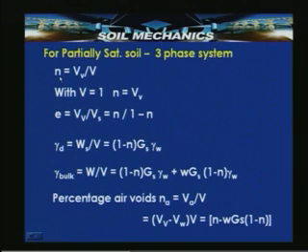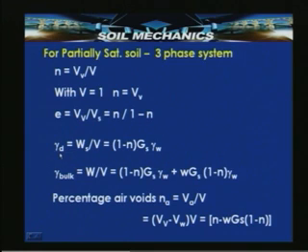We know porosity n is equal to the volume of voids to the total volume. With V equal to 1 in the unit volume approach, n is equal to Vv. The volume of voids is now set as n. Then void ratio is the ratio of volume of voids to volume of solids, which is nothing but n by (1 minus n).